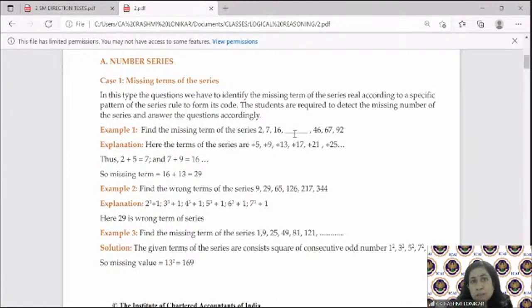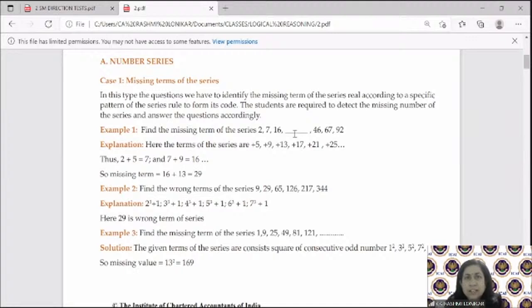Or you may need to know your squares, your cubes, your prime numbers. What is very important in trying to solve questions on logical reasoning is that you must know your tables. The normal tables, because just looking at the sum, maybe you will understand, oh, this is a table of 13, or 17.